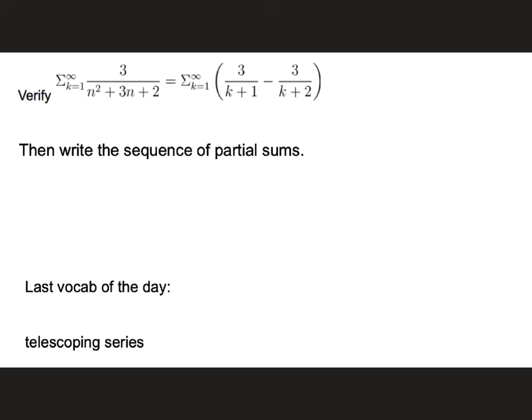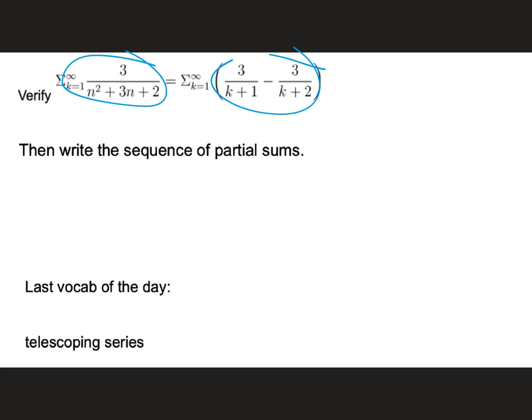Ooh, and our final piece, wrapping this up. This shows up sometimes, maybe not on the AP test so much, but this will show up in various problems. We want to verify this. That's your job. Think back to our partial fraction work. Now write the sequence of partial sums.